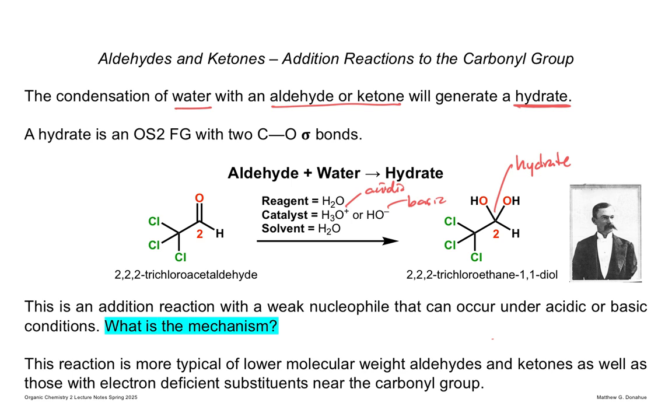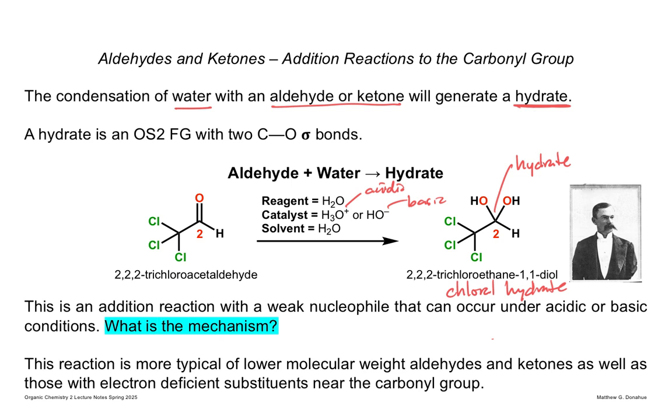When you look at the difference in molecular formulas between them, like if you took the product minus the starting material molecular formula difference, it's H2O. So that's why it's called the hydrate. So that's called chloral hydrate. You can look up the name of that gentleman there.